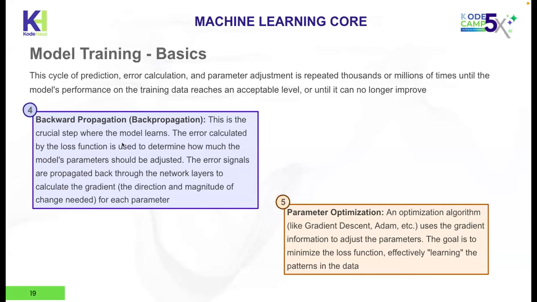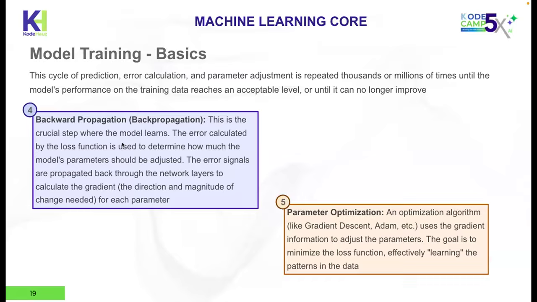Because if you apply it immediately, the model will just blow up. It will not learn anything. So one of the things you do when you apply the gradient is use what we call a learning rate and all of that. At the end of the day, when you adjust these parameters, it's an optimization problem: you want to reduce the error.